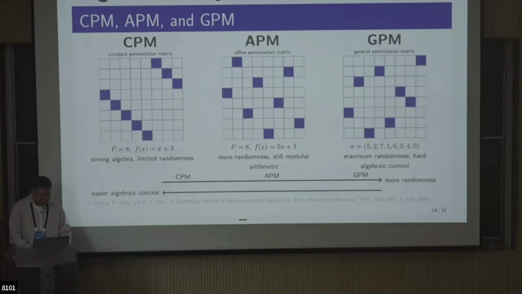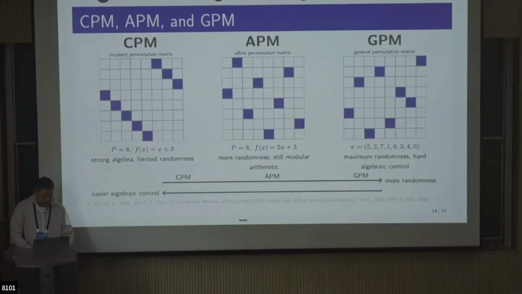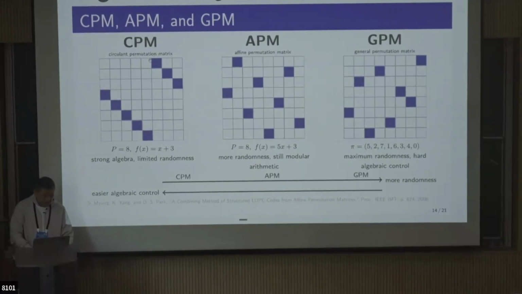So this slide compares the circulant permutation matrix, the affine permutation matrix and the general permutation matrix. CPM has strong algebraic control, but limited randomness. They all commute, so they are useless for our purpose. GPM have maximum randomness, but commutativity and cycle checks become hard. APM sit in the middle.